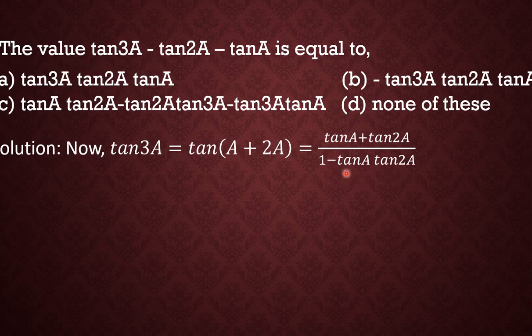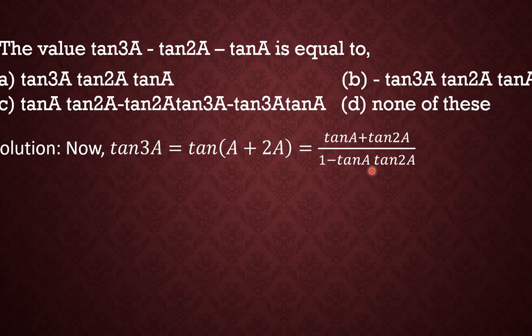So using that we obtain this. Usually whenever we see tan 2a, we use the formula 2 tan a divided by 1 minus tan square a. Here there is no need to use that, because in every option tan 2a remains the same. So we have to rearrange here itself.